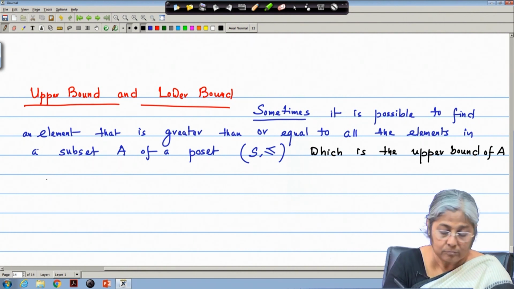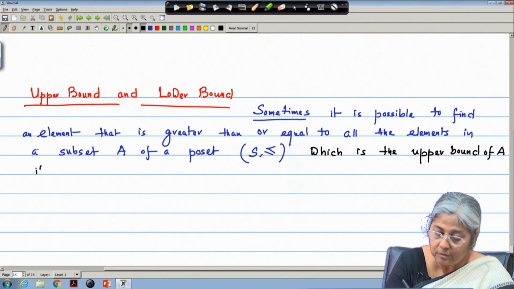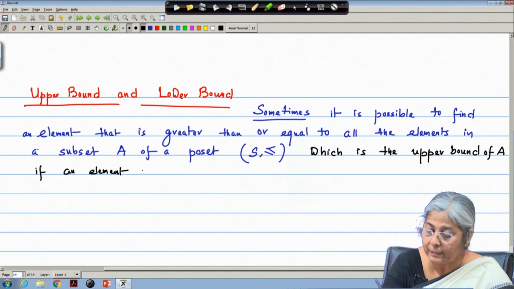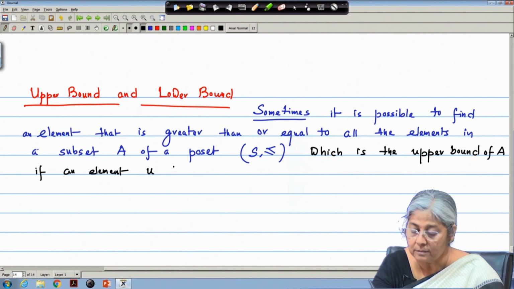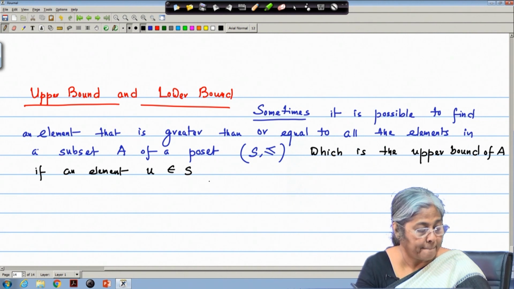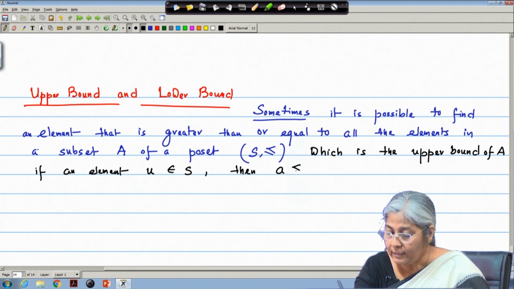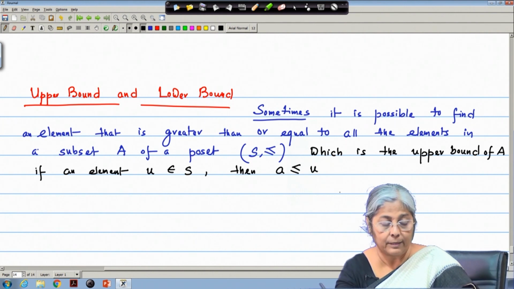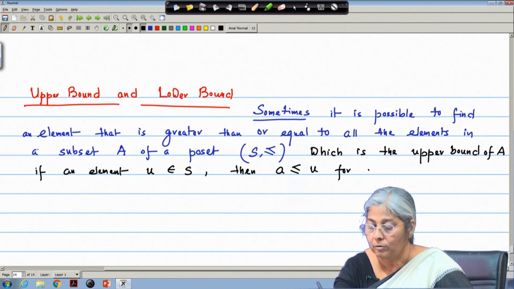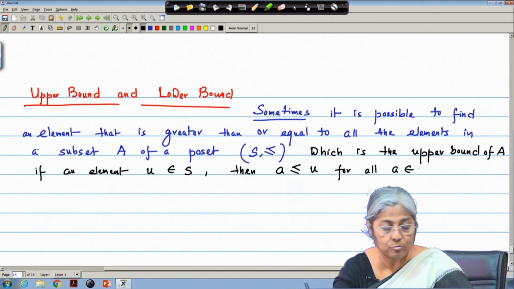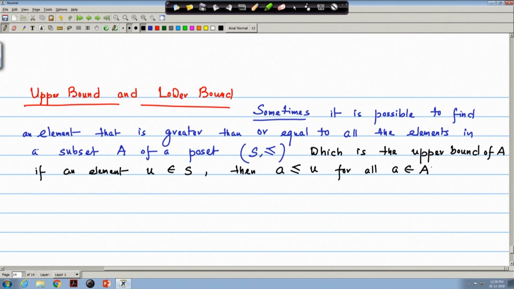So, if an element U belongs to S, then a is less than or equal to U for all a belonging to A, because we consider A is a subset of the poset.